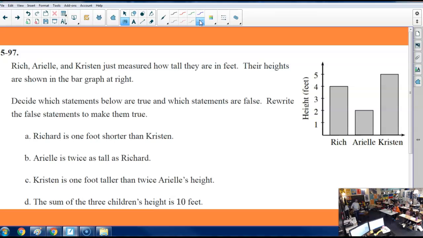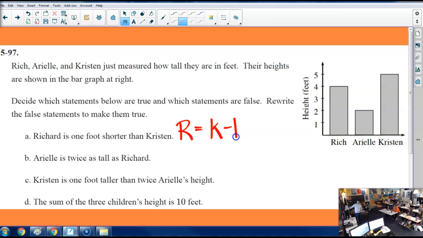All right, Meredith. When we look at it, Richard is 1 foot shorter than Kristen. Is that true or false? What do you think? I think true. Why? Because Kristen is 5 feet tall, and then Richard is 4 feet tall.